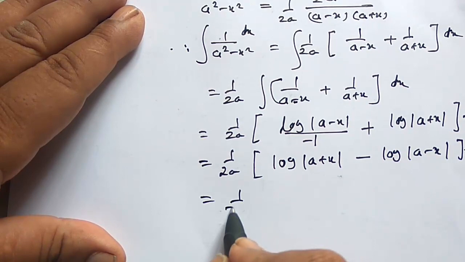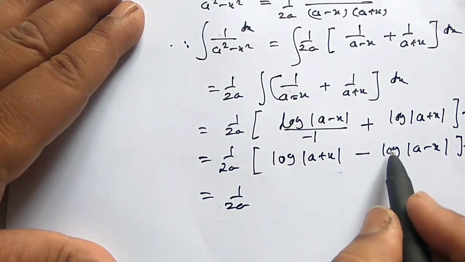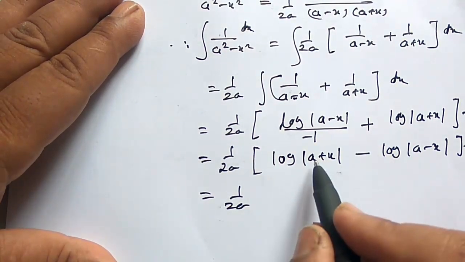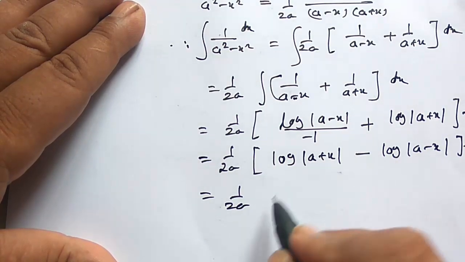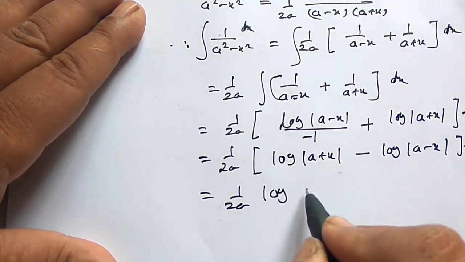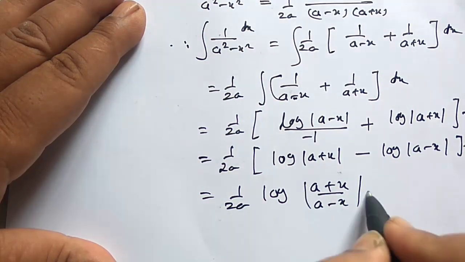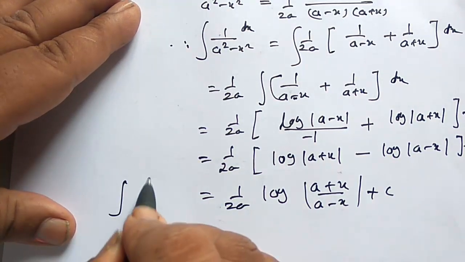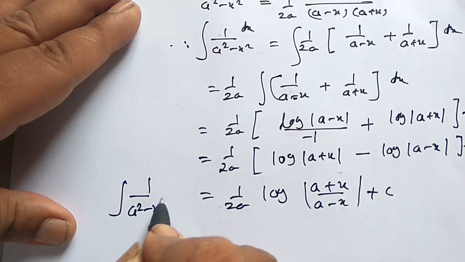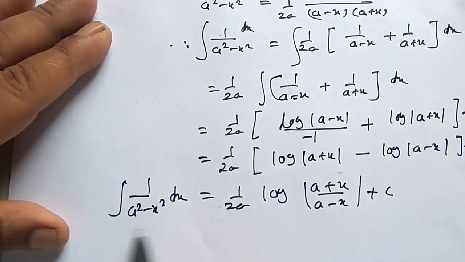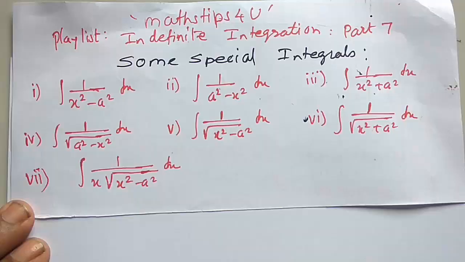So this is equal to 1 upon twice a, log m minus log n is log of m upon n. So it is log of a plus x upon a minus x, plus c. So this is the integration of 1 upon a square minus x square dx. So this is the answer.